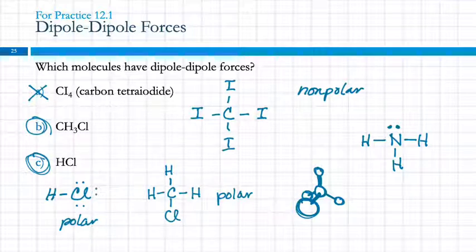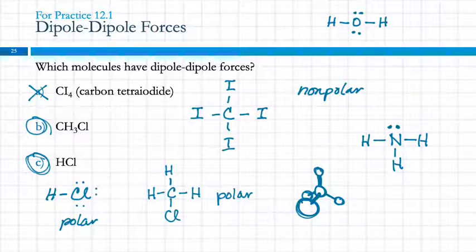What about water? Good question. Well, if we look at water, if we don't put our lone pairs in there, we could look at that and say, well, water's linear. It's nonpolar. But water does have 2 lone pairs on the oxygen.